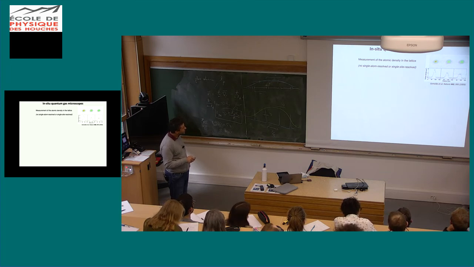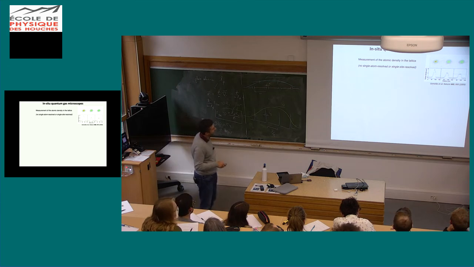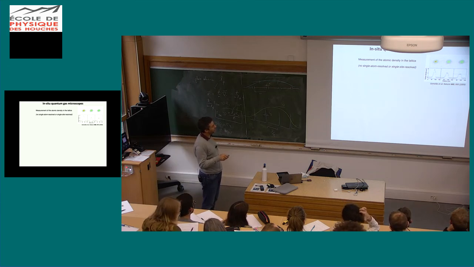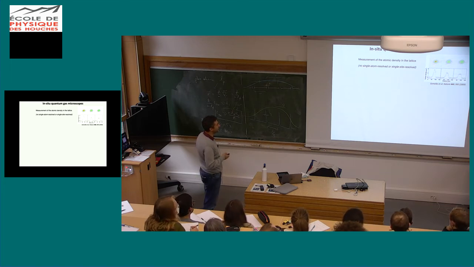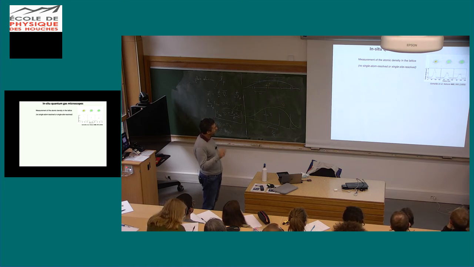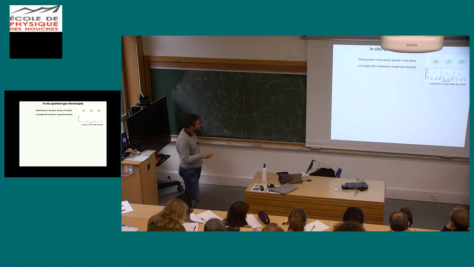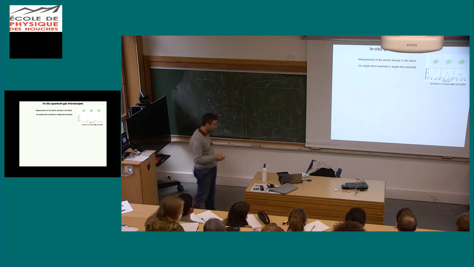Let me first mention this work in Chengqin's group in Chicago, where in 2009 they were capable of measuring in situ the atomic distribution of a lattice Bose gas, not yet single-atom resolved, but still measuring nicely the density in the trap, in the lattice.